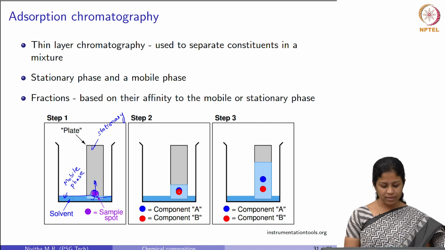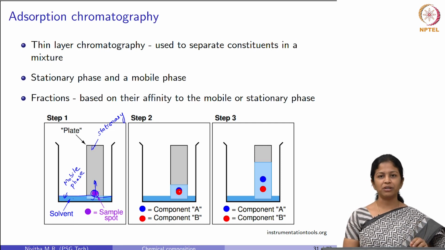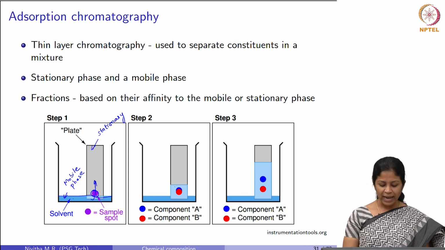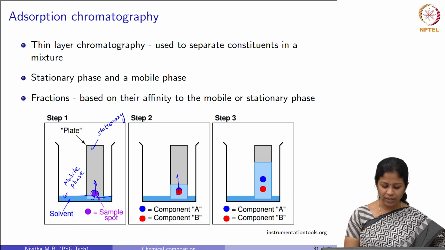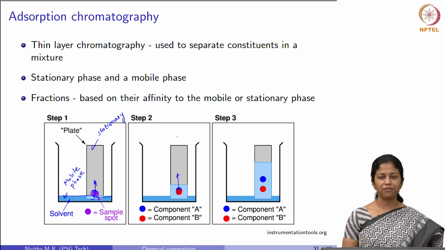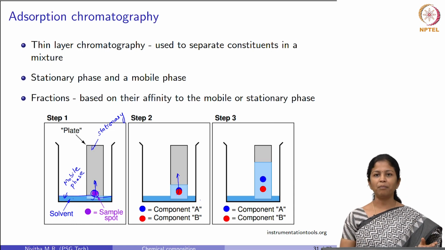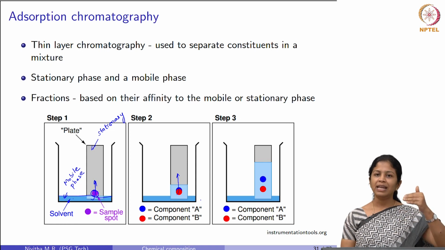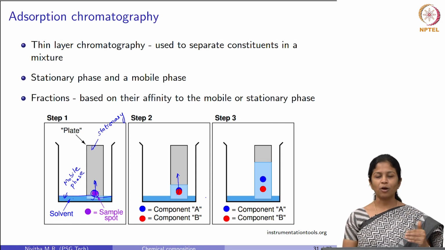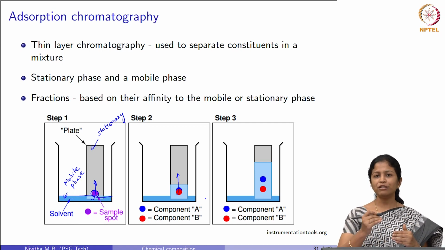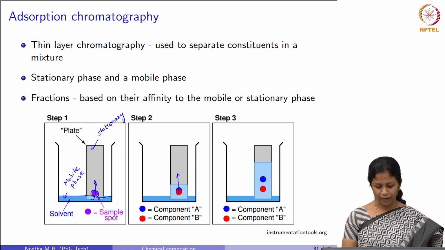Now, if one component of this mixture has more affinity towards the solvent phase, it will try to move along with the solvent up the chromatographic column, whereas another component can have relatively lesser affinity towards the solvent and more affinity towards the stationary phase. So, in that case, it will rise up only slowly in the chromatographic column.